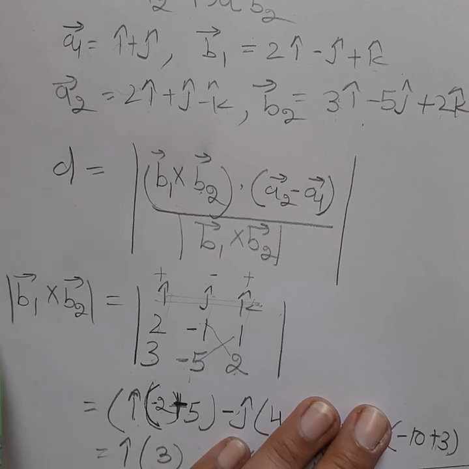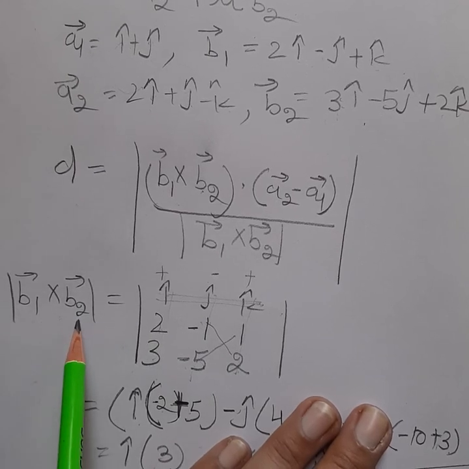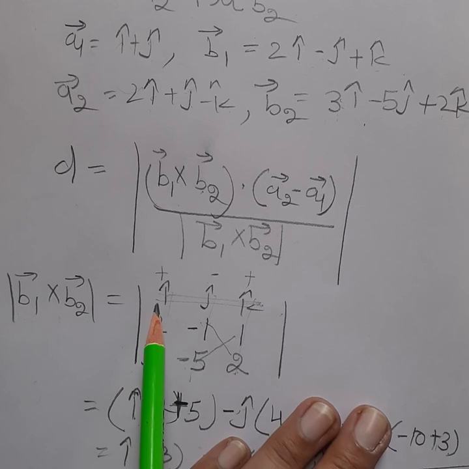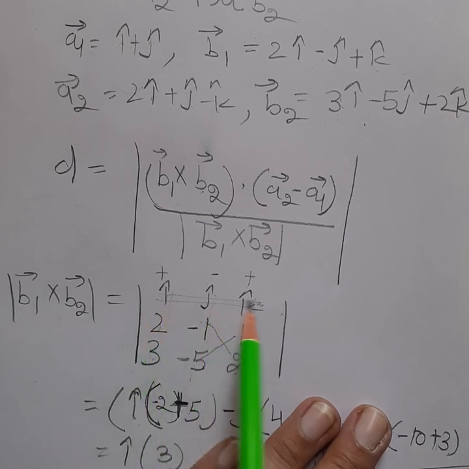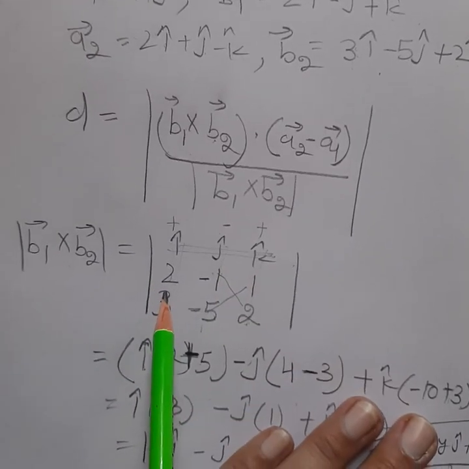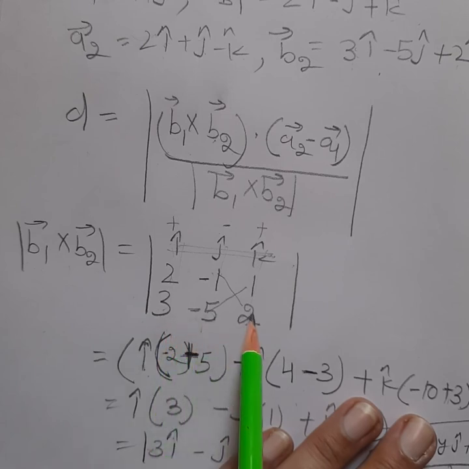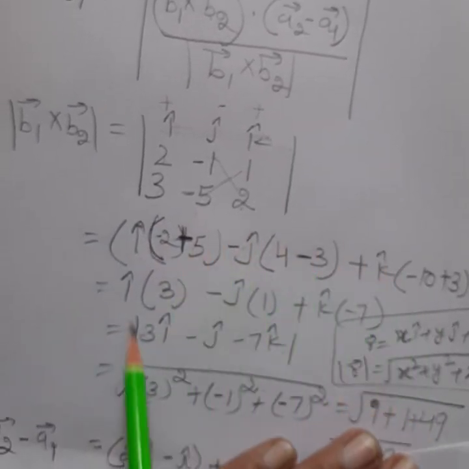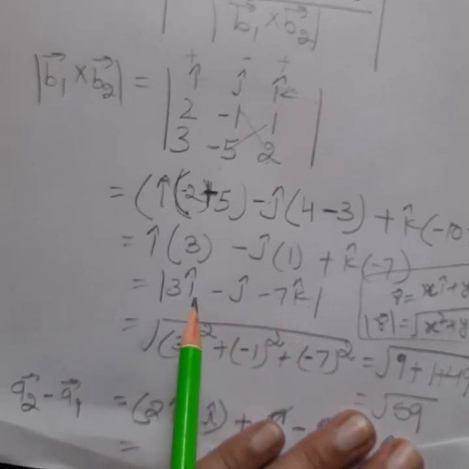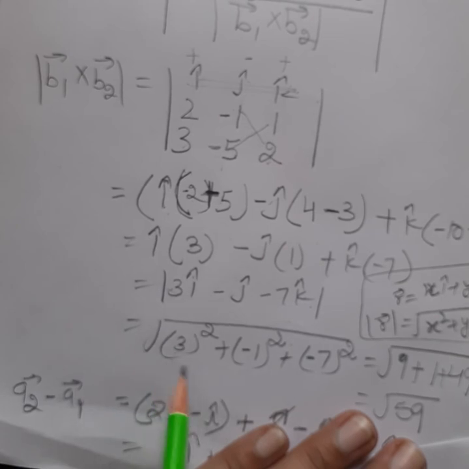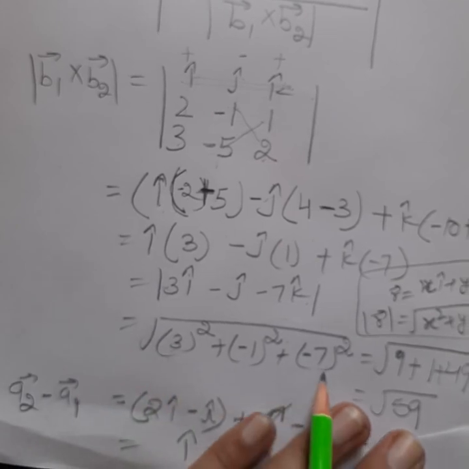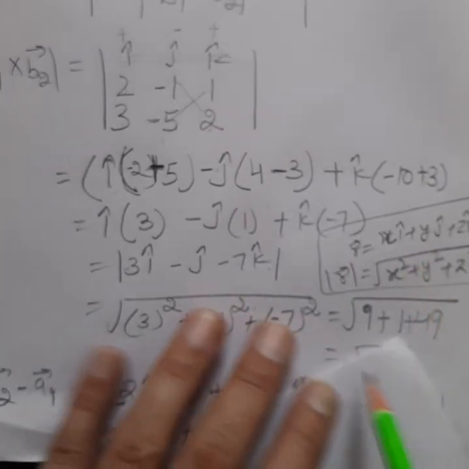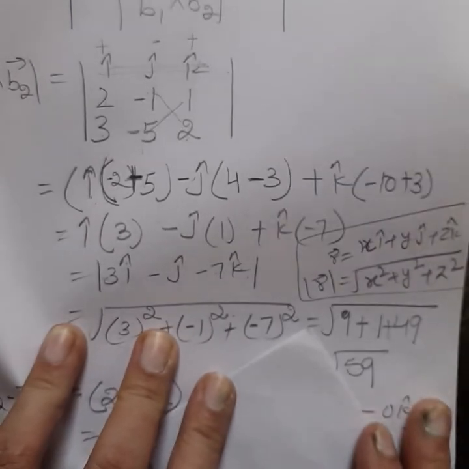After that we have to find the cross product of b1 and b2, and we can write here i, j, k, and after that we write here the components of b1 and b2, and after solving this determinant, we get our vector 3i minus j minus 7k, and after this we have to find the magnitude of this vector, as you can see from this formula.